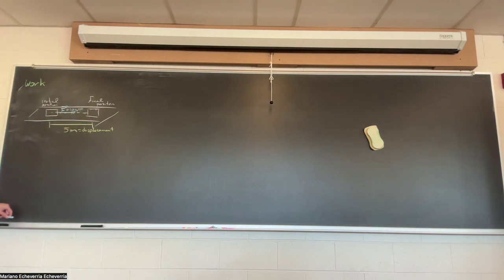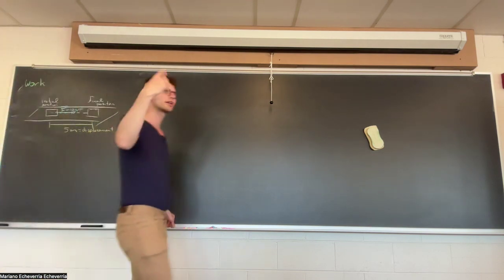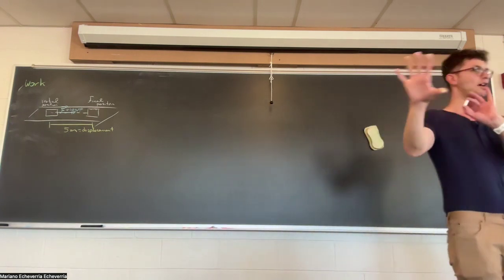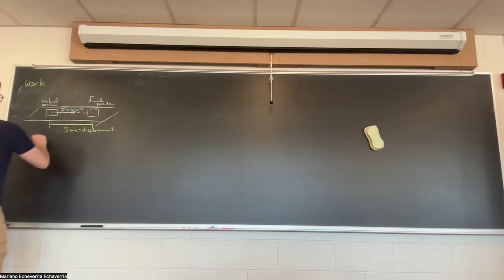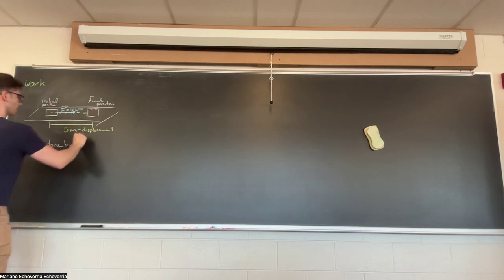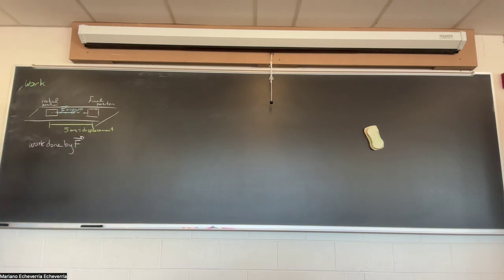So there's this thing you may have seen before, which is the work done by this force on the object. In this case, you basically multiply the two magnitudes of the force and the displacement. So it's 10 times 5, which is 50.